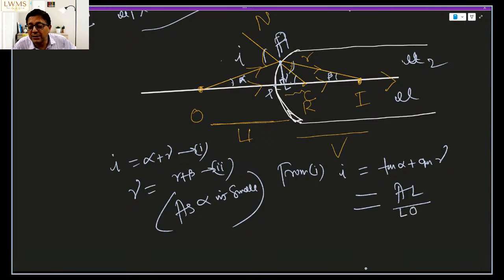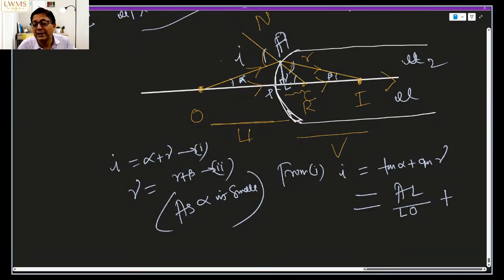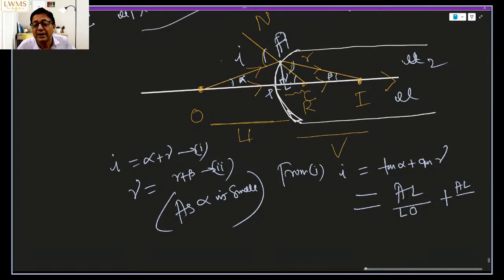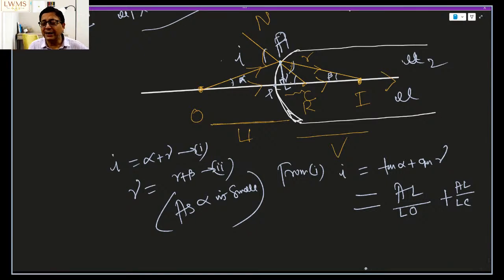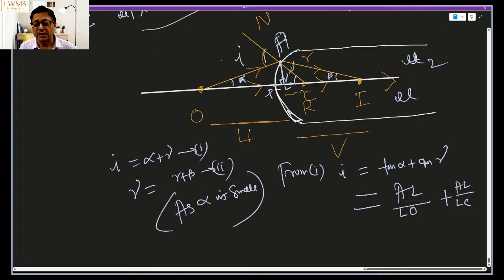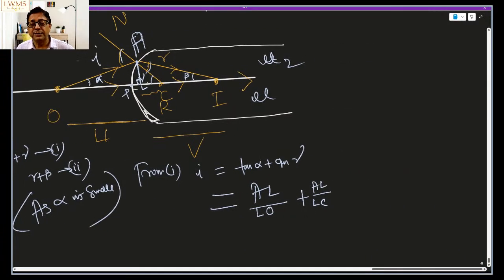And what is tan gamma? Tan gamma is AL by LC. Okay? But now P and L are very close, so all LO we can replace by PO, and all LC by PC.